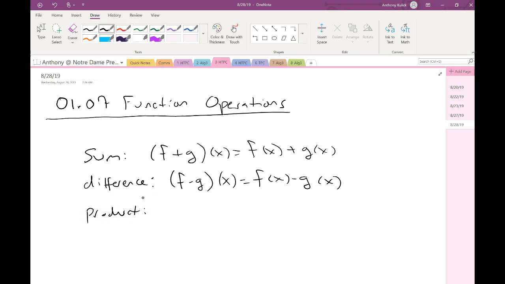For multiplication, if I have f times g of x, that's the same thing as taking f of x times g of x.